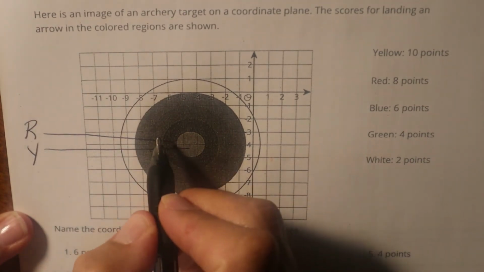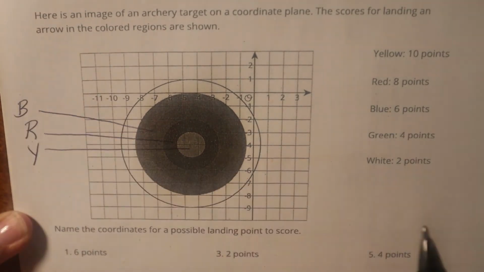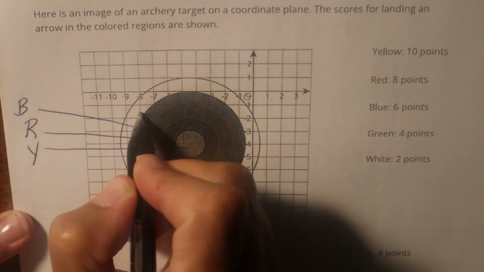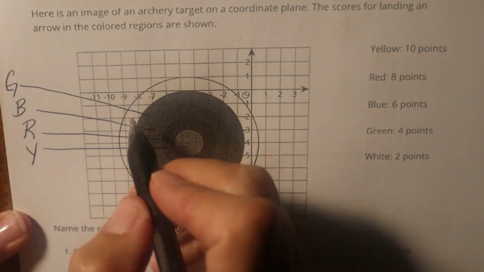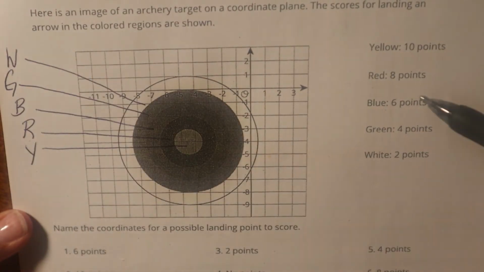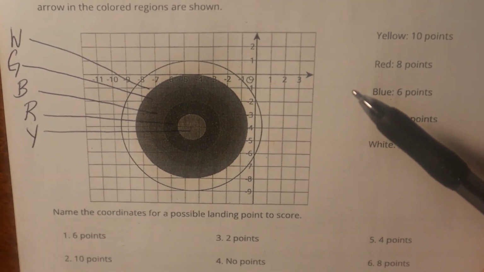After red, we have blue, so B for blue. The last one here for color, we have G for green. And then the very outer one, that's W, which means white. So now we know what the colors are, even though we really can't see the colors.